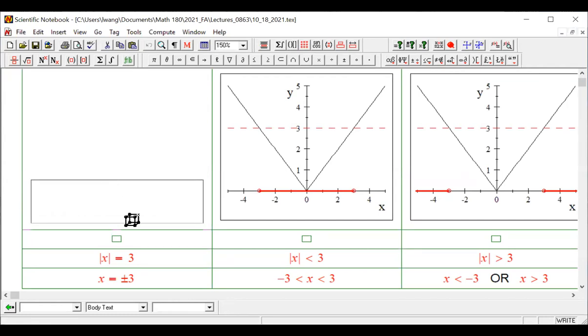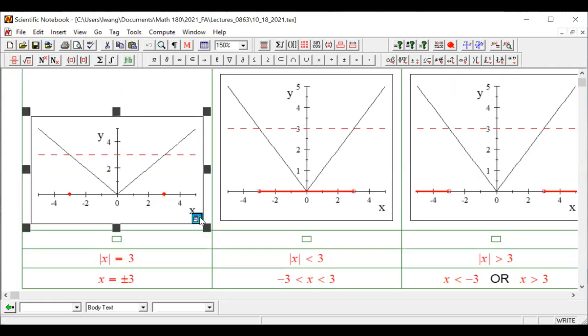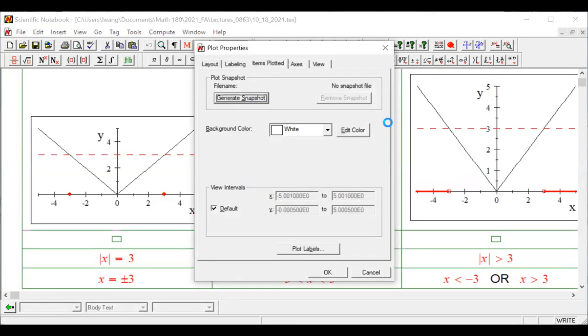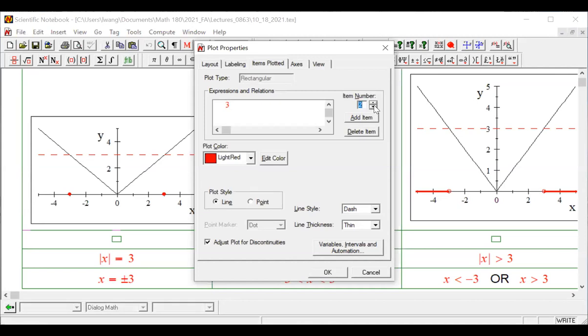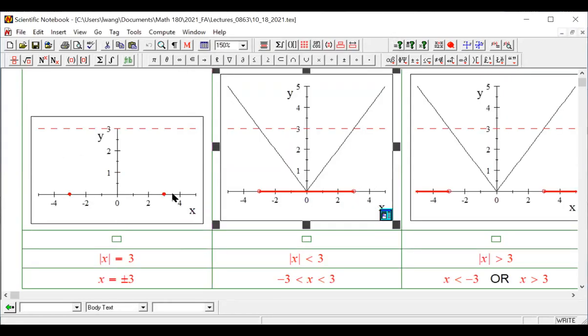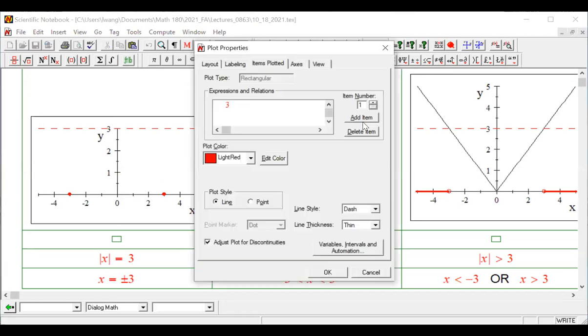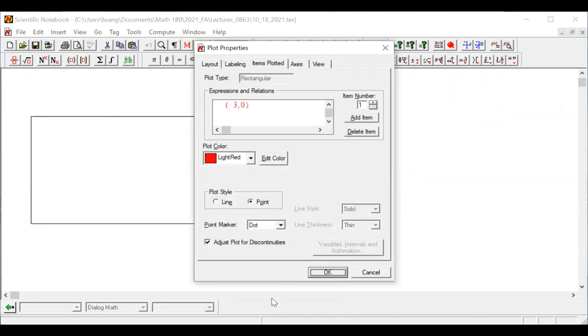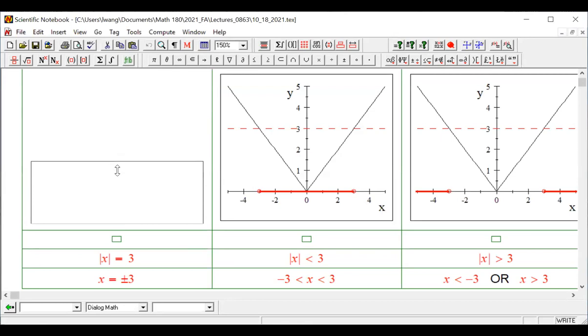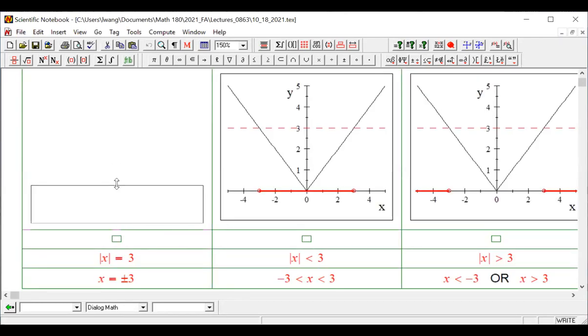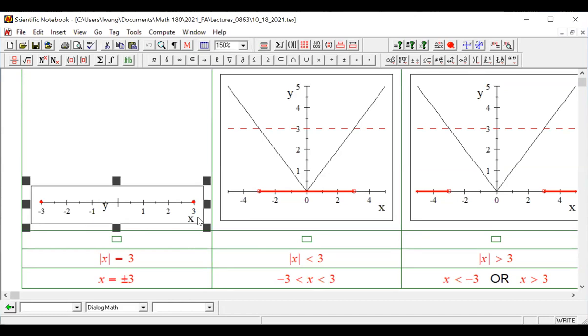Hold on, I'm going to remove the curves and the line. So what you have learned before might be just something like this. Am I right?